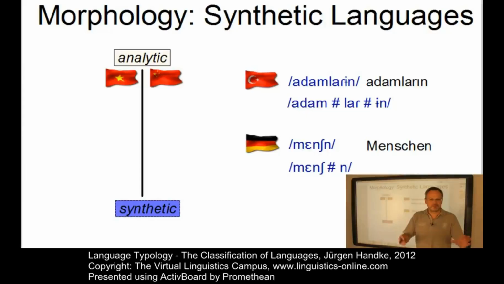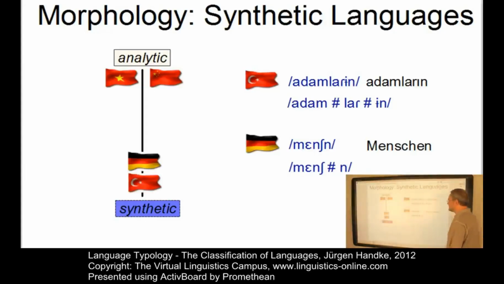So both languages allow the segmentation of their words into morphs. In other words, they are synthetic. The degree of synthesis is different. One could argue that German is less synthetic than Turkish because there are fewer inflectional possibilities in German.